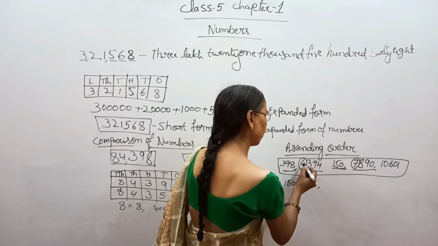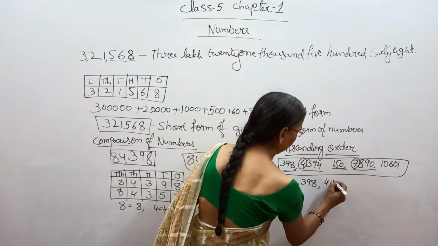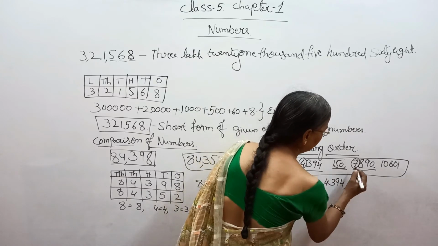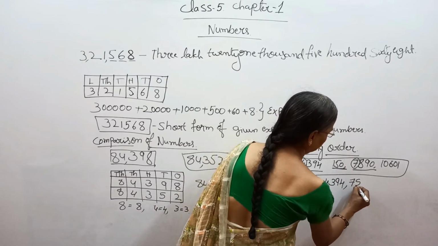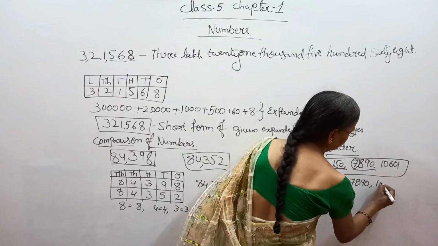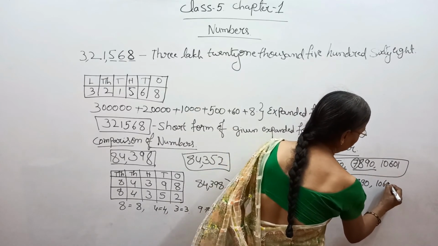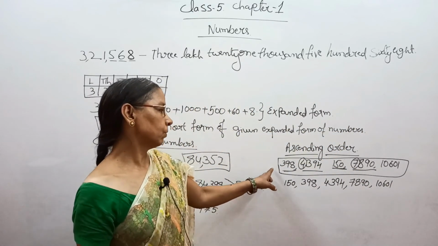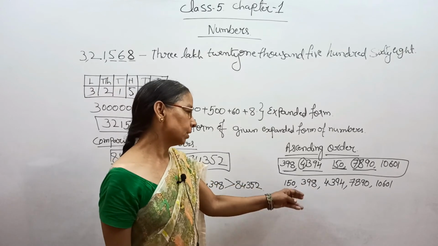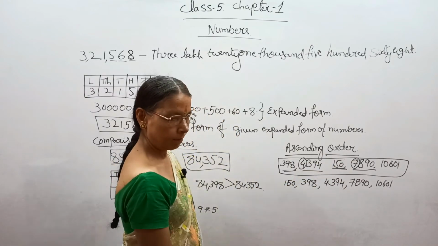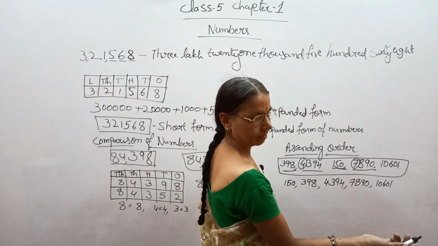Automatically we go for 4, that is 4,394, then 7,890 and lastly it is 10,601. Like this, we have to write the numbers in ascending order. That is smaller to bigger.